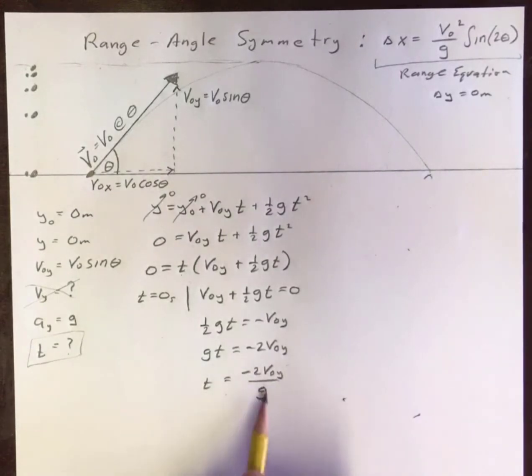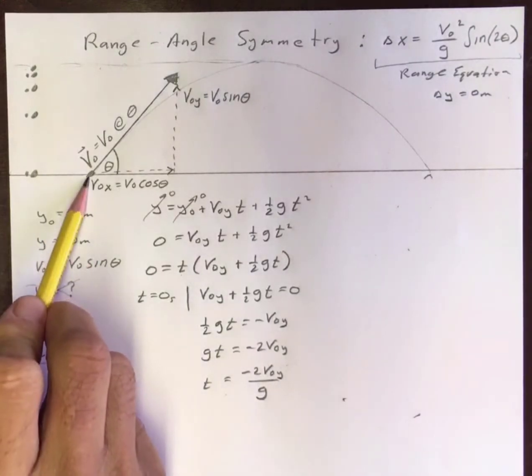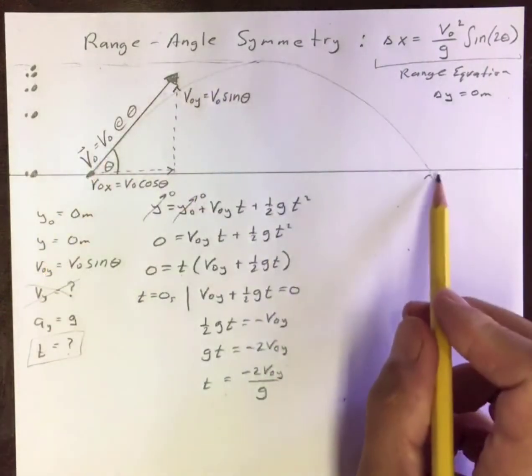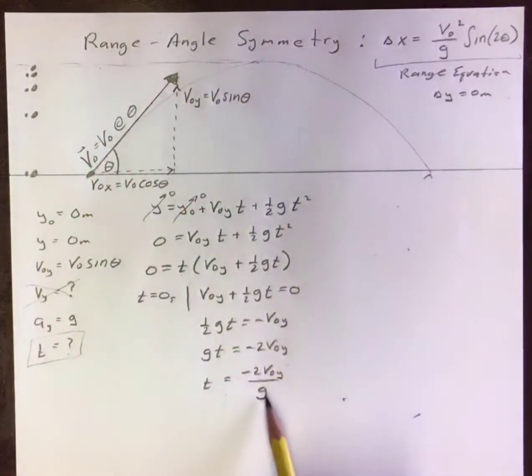And that's the second time at which y final equals y initial. So I've got this position here at t equals 0 seconds, and then it lands in time over here with whatever time this calculates out to be.